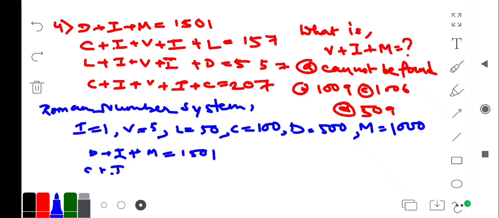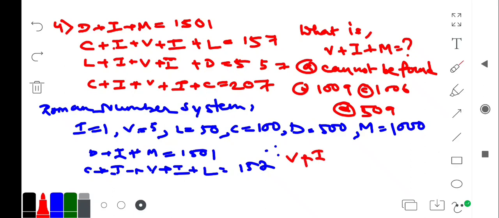C plus I plus V plus I plus L, that is equal to 157, and so on. So now V plus I plus M is equal to, V means 5, I means 1, and M means 1000, that is equal to 1006.